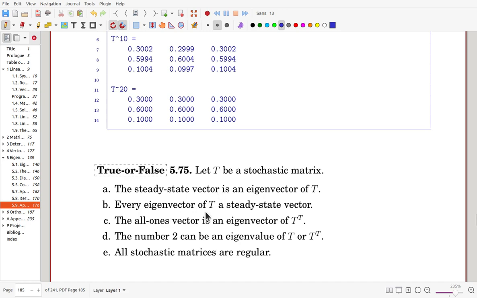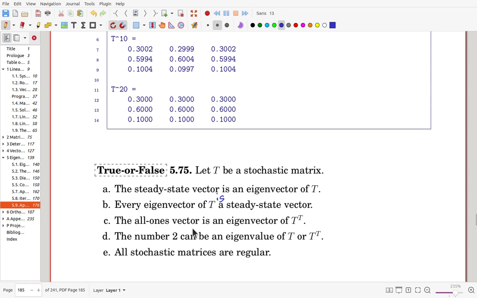Every eigenvector of T is a steady state vector. Is it true? Not really. Once the eigenvalue is less than 1, then it's not really a steady state vector, right?